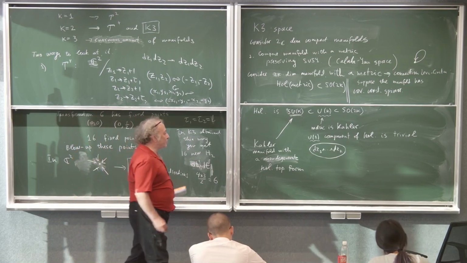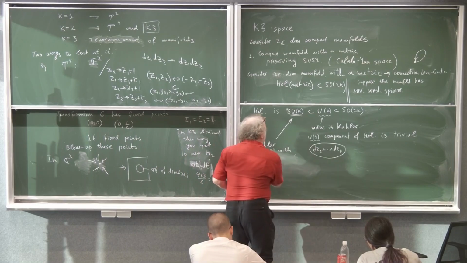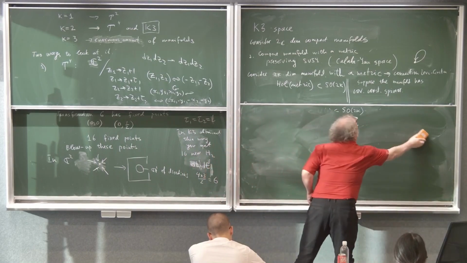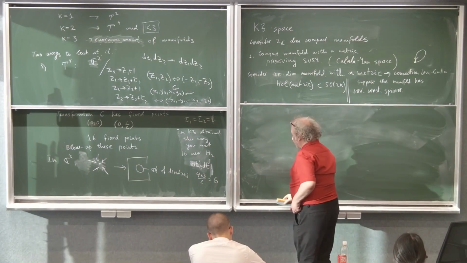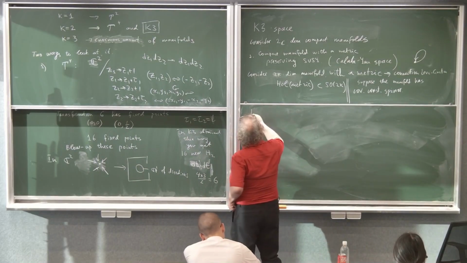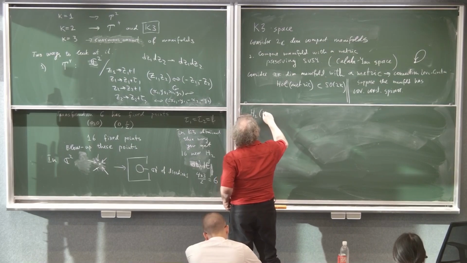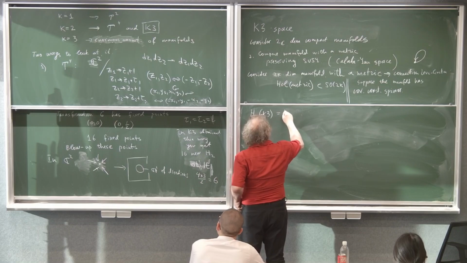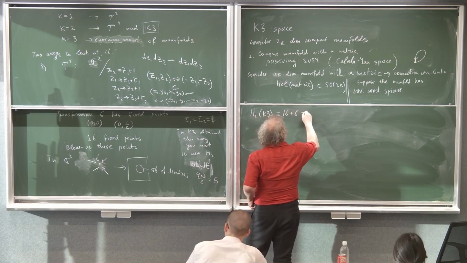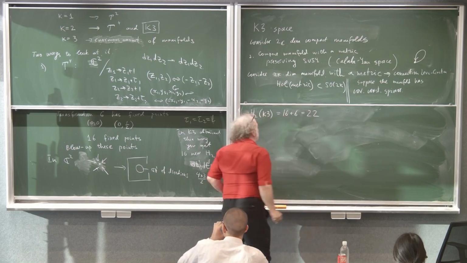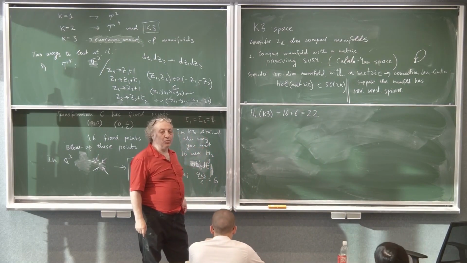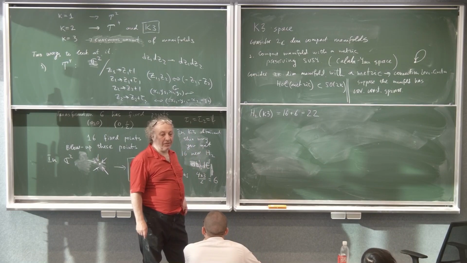So H2 of K3 equals 16 plus 6, it equals 22. It's one way to see this space.